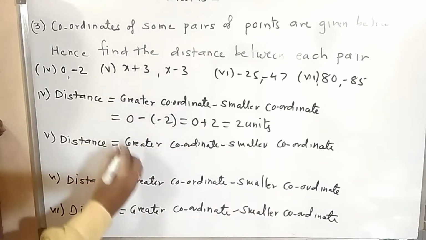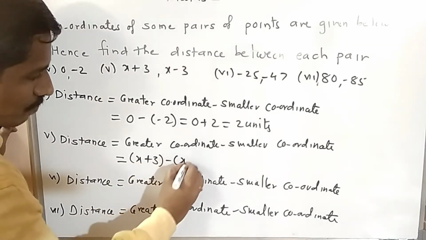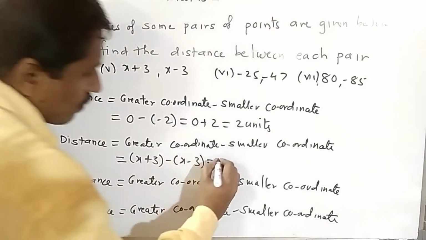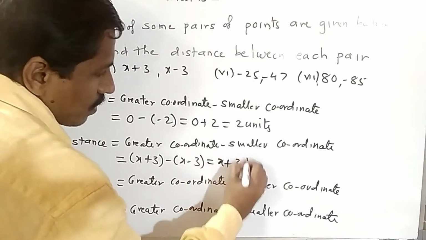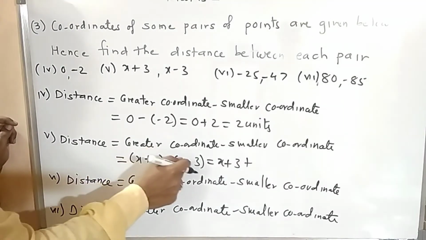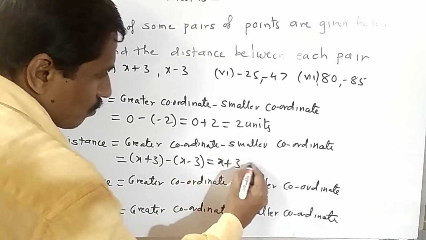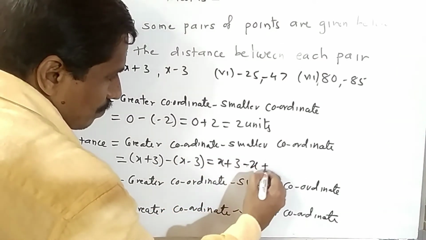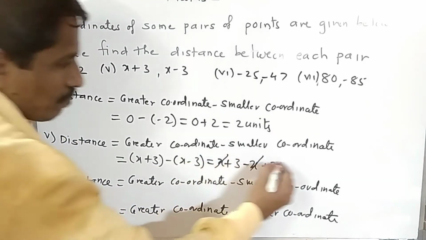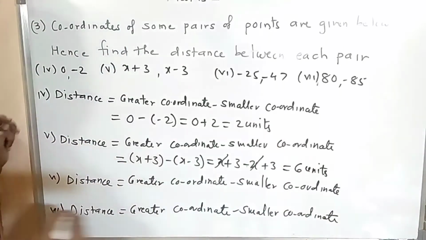Since this is a binomial, I will put brackets: x plus 3 minus of x minus 3. So, we will solve the bracket. X plus 3 will remain unchanged. Since a minus sign is outside the bracket, x will become minus x and minus 3 will become plus 3. X will get cancelled. 3 plus 3, that is 6 units.